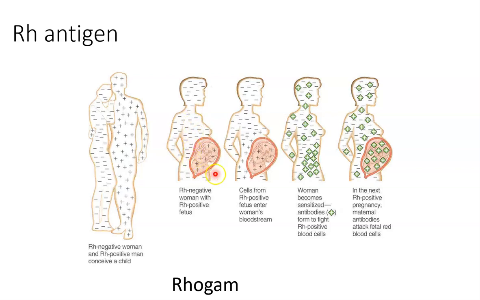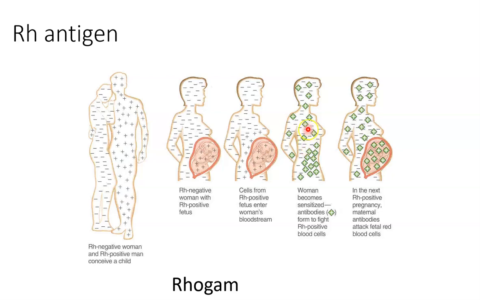But as she gives birth to the child, the Rh positive blood of the baby will get into the bloodstream of the Rh negative mother, which they're showing you here. The mom will have an immune response. Her body is going to see this blood as being foreign, and she's going to produce lots of antibodies to that Rh positive blood. So usually the first child is born, there's not a problem.